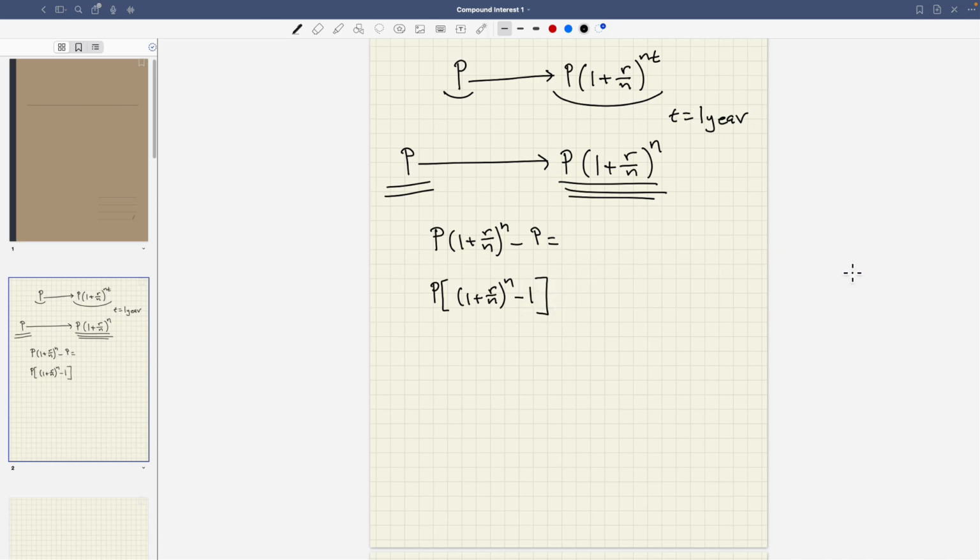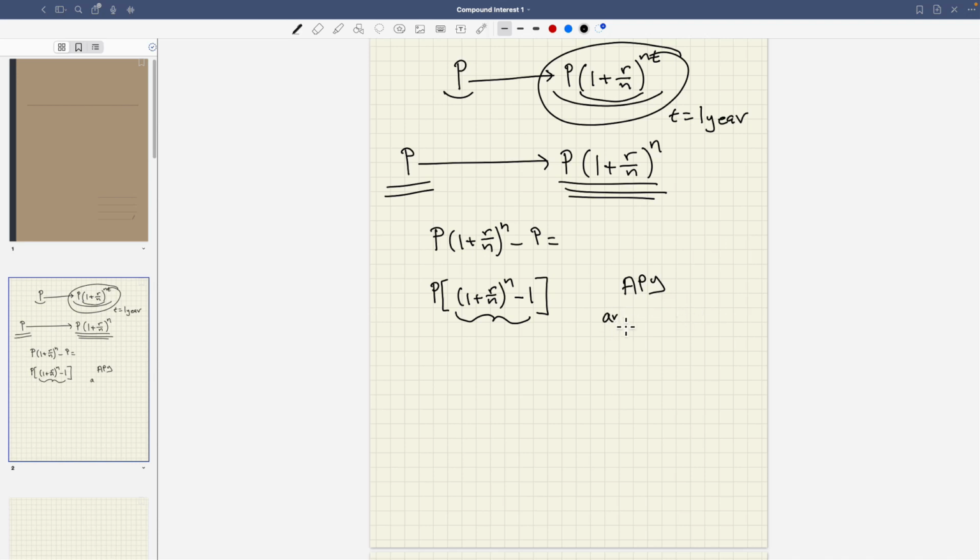Okay, that's simple enough. Now, the way this formula right here was derived, it implies that what's inside the parentheses, including the exponent, is the interest. In other words, this right here, inside the brackets, is the interest of P. And so when we want to find out what the annual percent yield is, we are interested in the interest only.